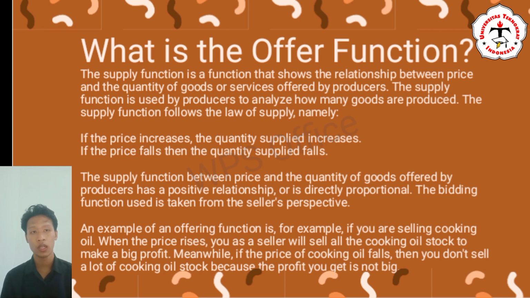An example of the supply function is, for example, if you are selling cooking oil, when the price rises, you will sell all the cooking oil stock to make a big profit. Meanwhile, if the price of cooking oil falls, then you don't sell a lot of cooking oil stock because the profit you get is not big.